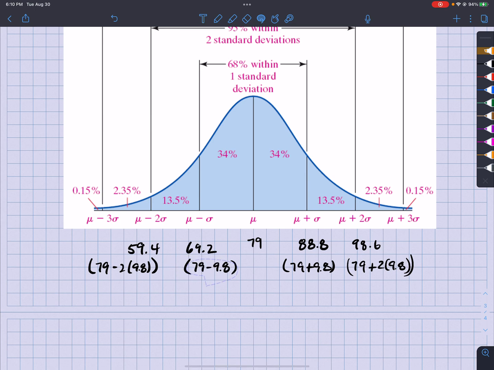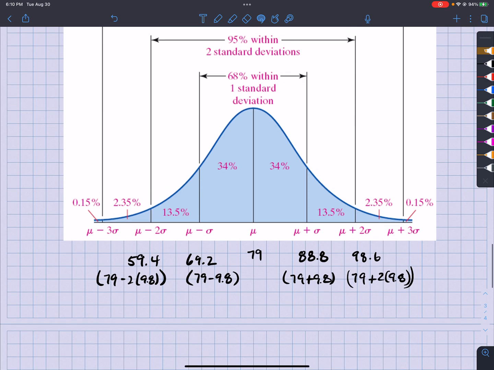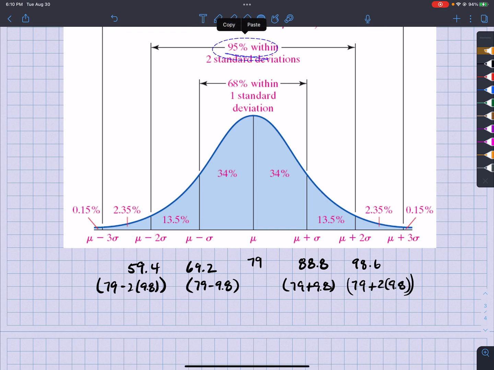So let's go ahead and move this over. This is telling me that 95% of the population would lie between 59.4 and 98.6. So the way they got these 13.5s is take the 95 minus 68 and then divide it by 2.